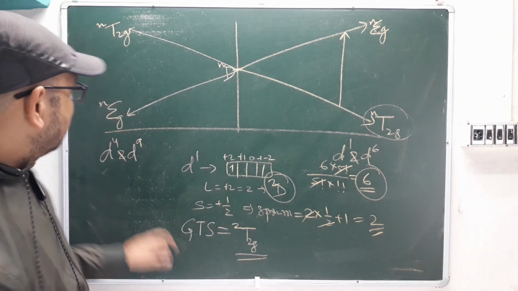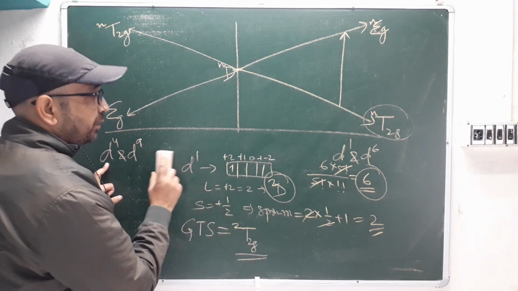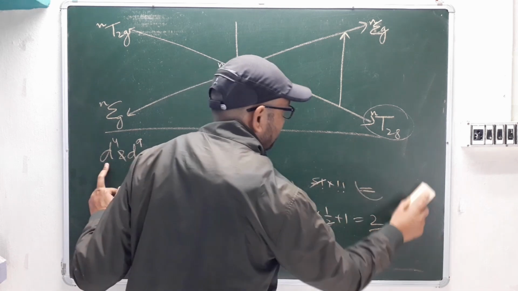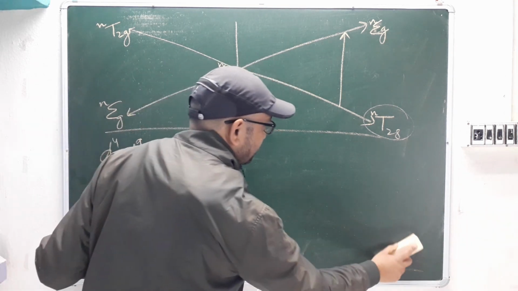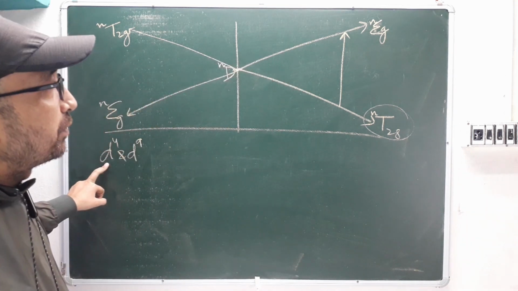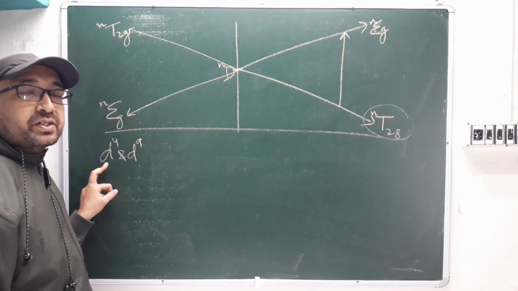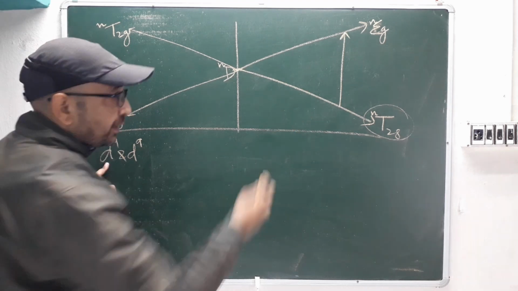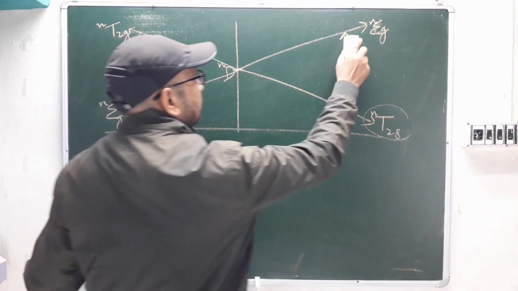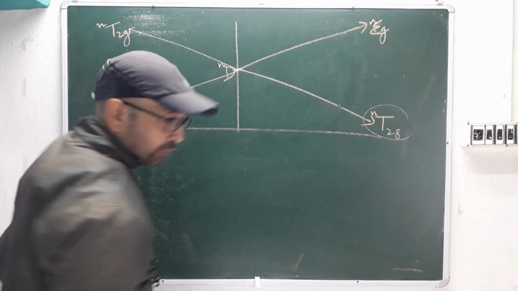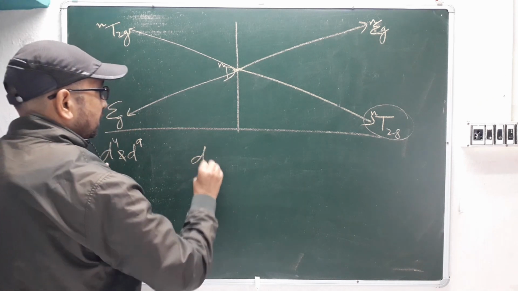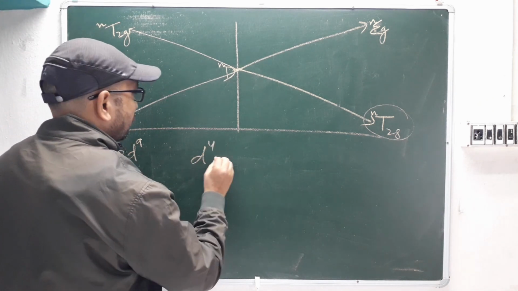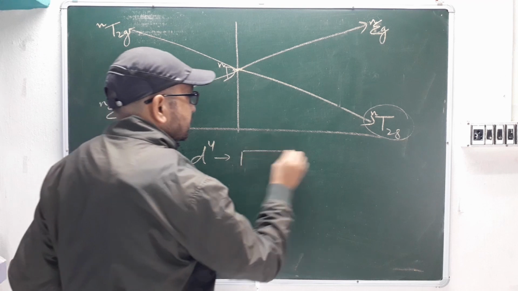Likewise for d4 we will take it and solve everything. Now I'm rubbing this out, and for d4 we will see what the atomic term will be, what the microstate will be, and what the ground state term symbol will be. Forget this side for the time being. For d4, first we have to calculate.